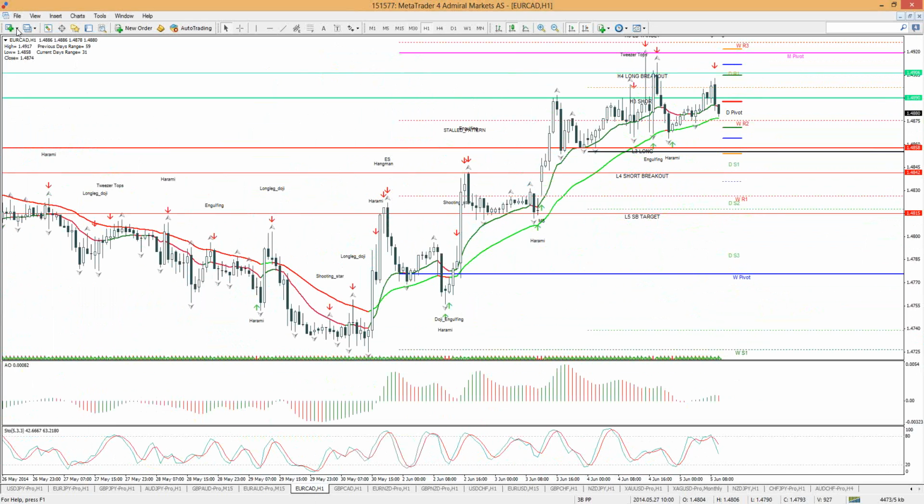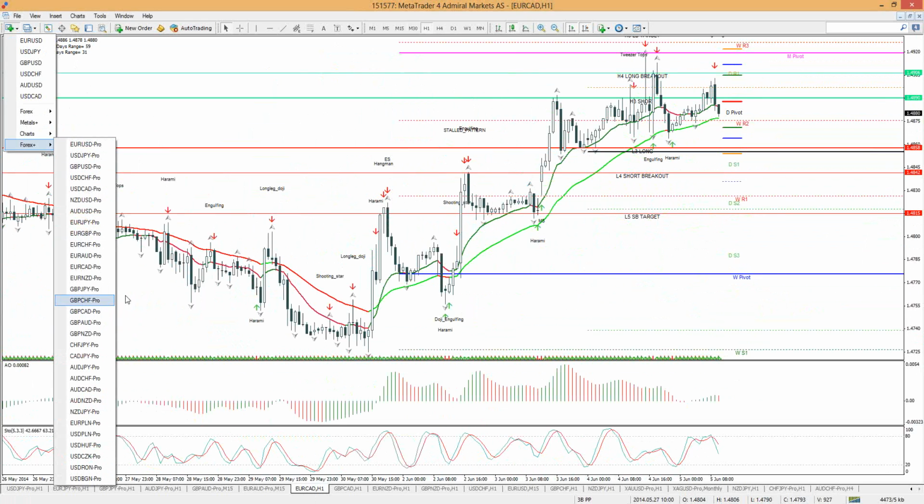Does anyone else see something interesting, maybe on a more exotic cross? How's New Zealand doing? Let's take a look.